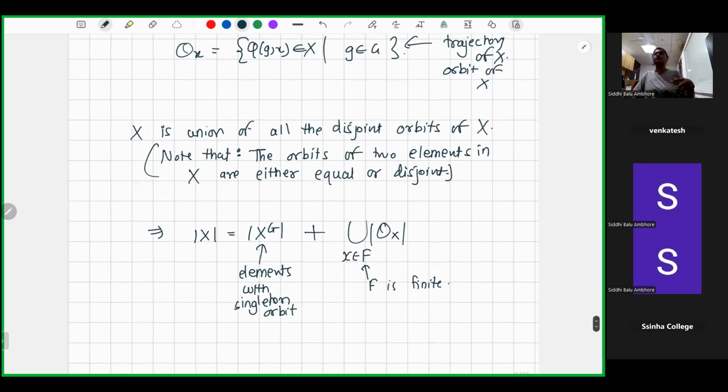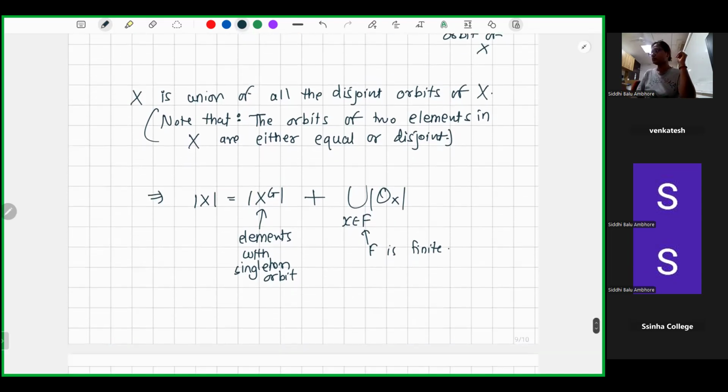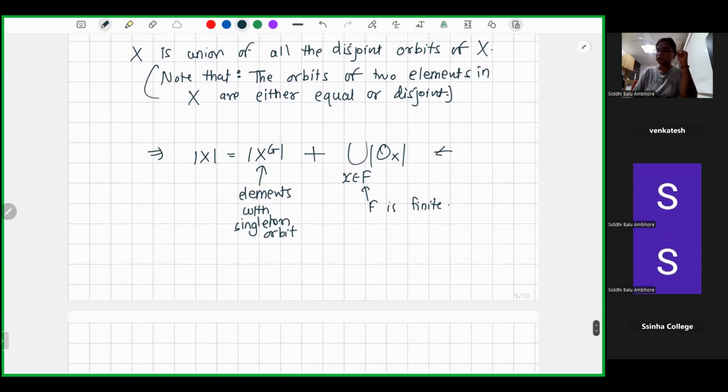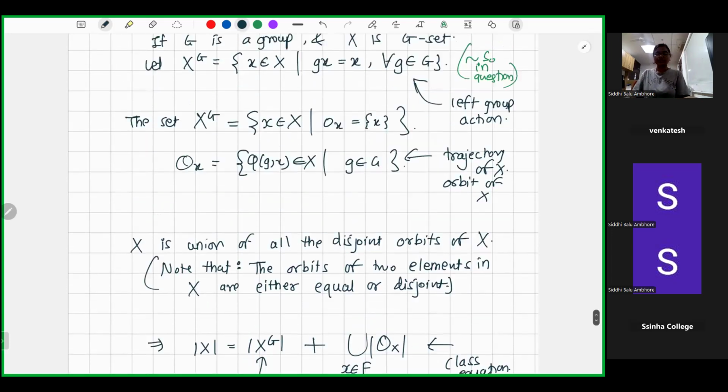This is just a collection of the information which we have so far. And this is now called the class equation. Is this okay? So this is the class equation which we have.